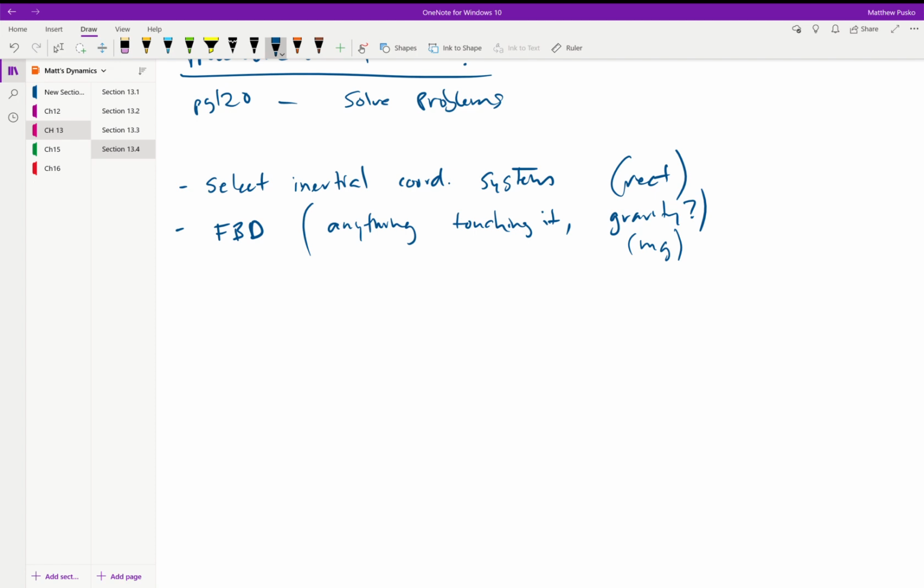Okay, identify all your unknowns. And you do this by figuring out what givens you have and then what you need to find. It's usually stated directly in the problem. And then from the free body diagram, make your equations of motion.